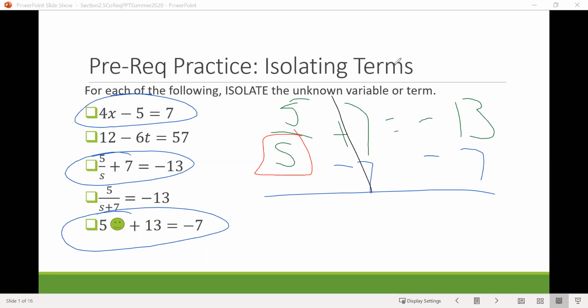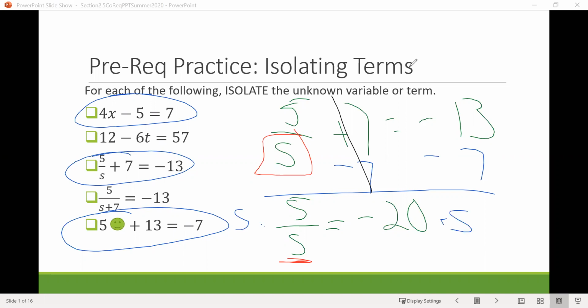When we do that, we end up with 5 over s equals negative 13 minus 7, which is negative 20. And we still need to isolate this s somehow, but notice that in this case, the s is in the denominator. So in order to get it out of the denominator, how will we do that? Right, we'll multiply by s on both sides.